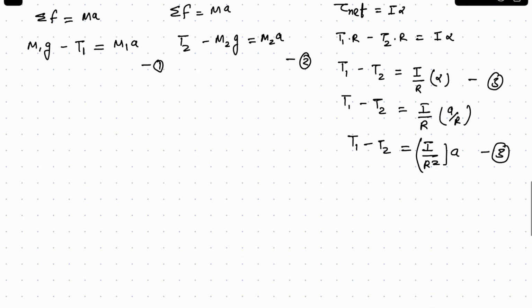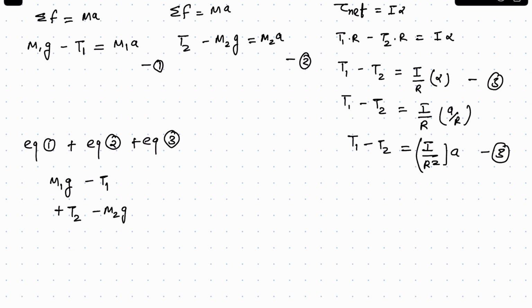Now let us add all these equations: equation 1 plus equation 2 plus equation 3. Equation 1 is M1G minus T1. Then equation 2 is plus T2 minus M2G.